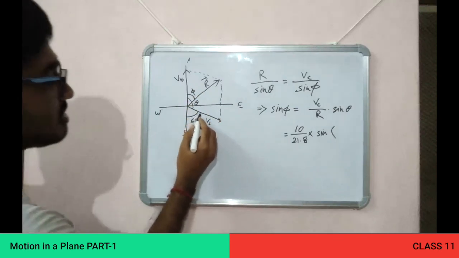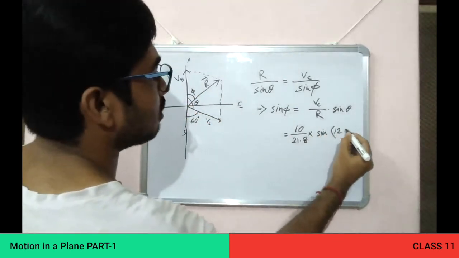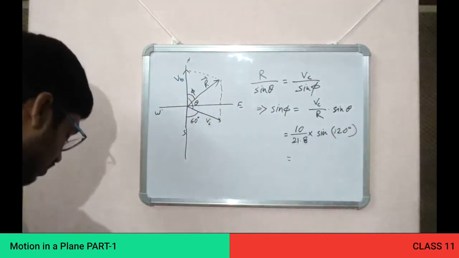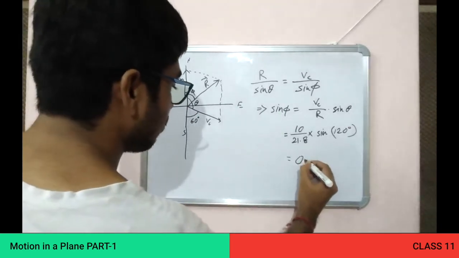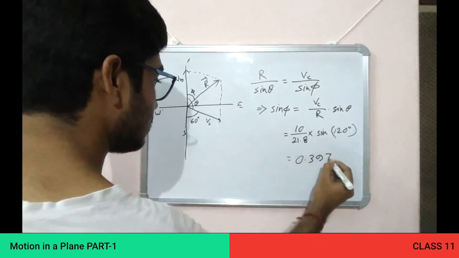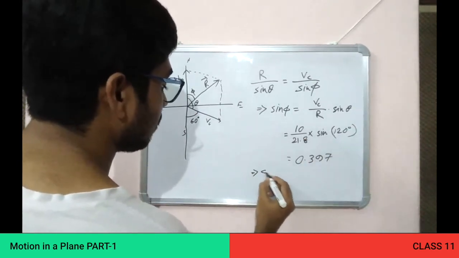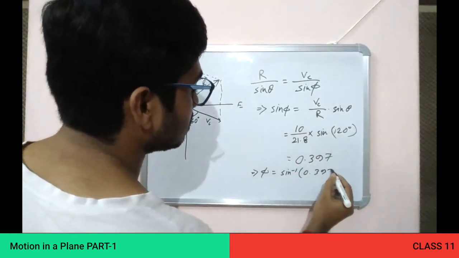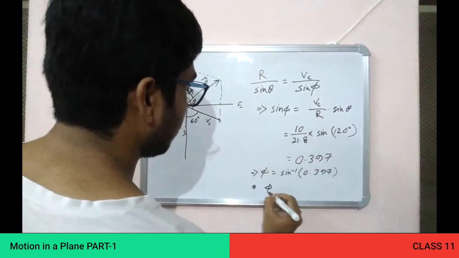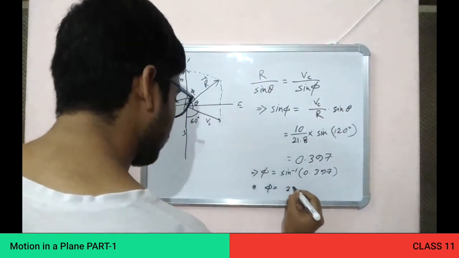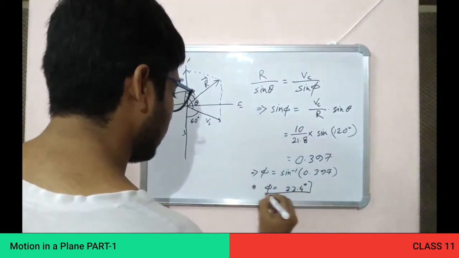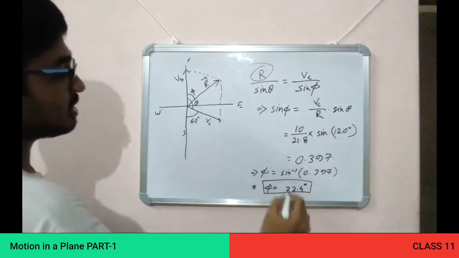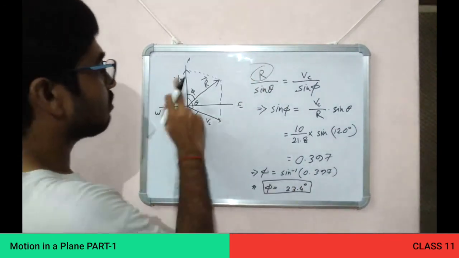So subtracting 60 from 180, it becomes 120 degree, which is our theta value, and calculating this value we will get 0.397. So phi is equal to sine inverse 0.397, and this will give a value phi equals 23.4 degrees. So its magnitude is R and its direction is 23.4 degree from north.